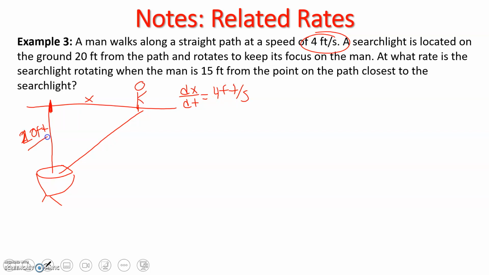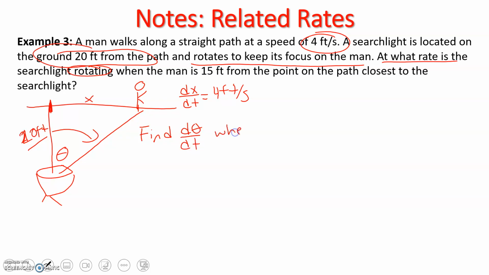And we know this distance is 20 because it says. And this rotates to keep its focus on the man. At what rate is the searchlight rotating? So we would like to measure the rotation, that is, the angle at which it moves. So we would like to find d theta dt when x is 15.